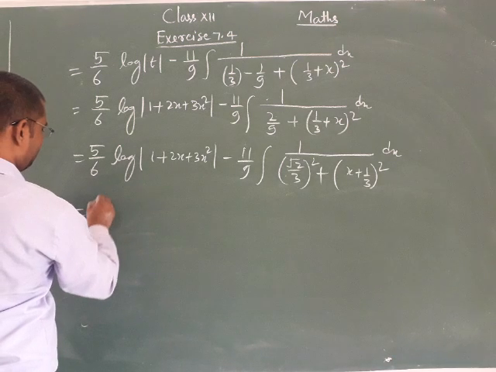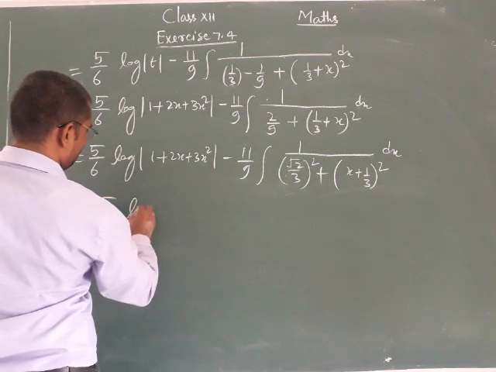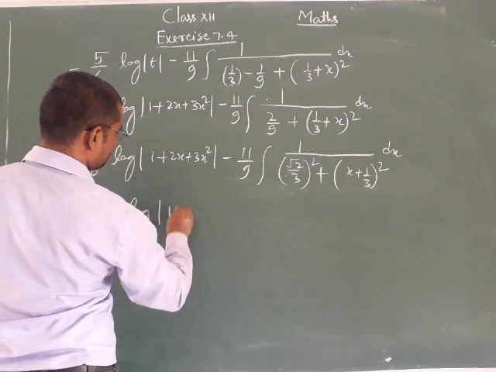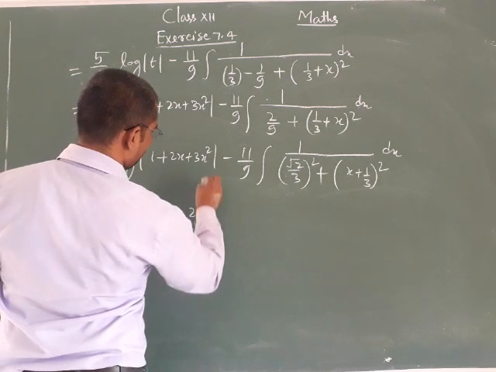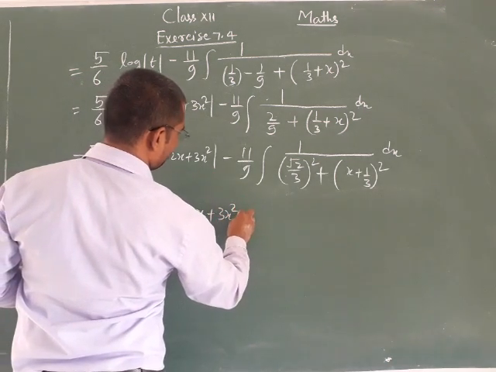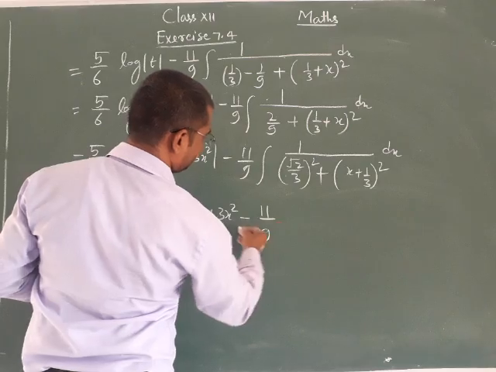So 5 upon 6 log 1 plus 2x plus 3x square minus 11 upon 9.